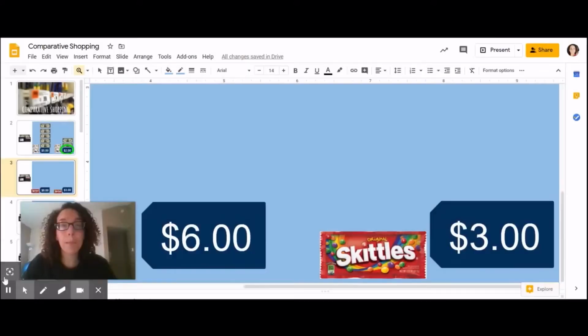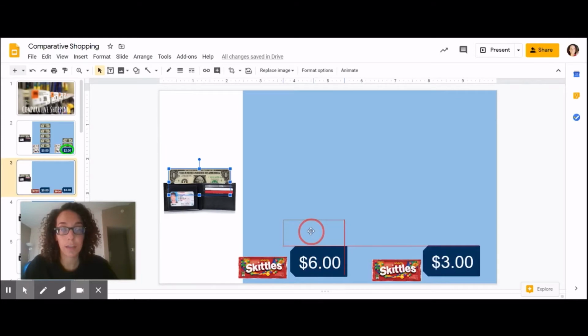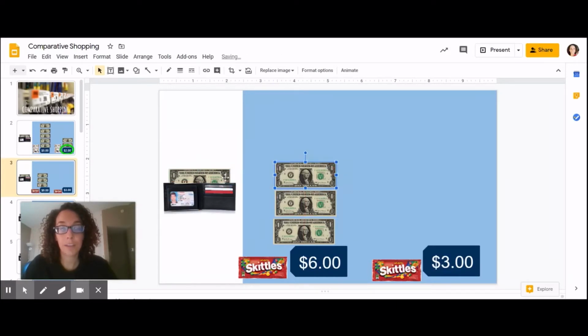Can you help me make another tower and see which one is cheaper? Thanks. Let's do it together. So first, we need to count $6. That's 1, 2, 3, 4, 5.